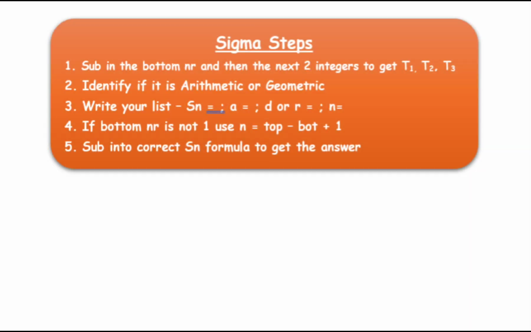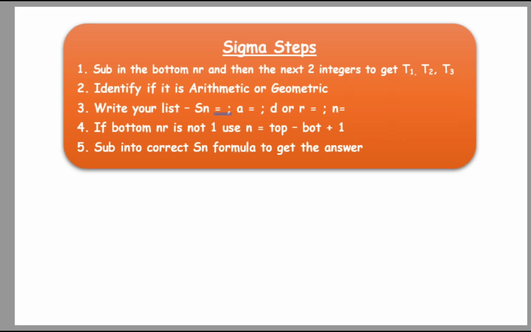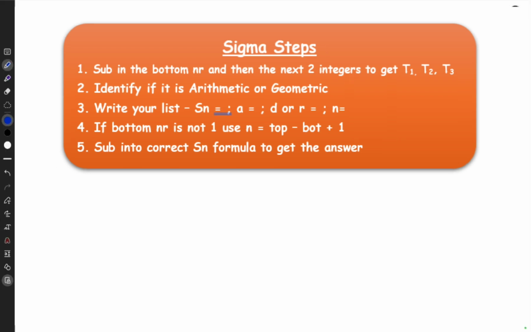Here are the steps you can follow with any sigma sum, and be sure to get it correct. I hope this made sense. We are going to do a few extra examples in a separate video so you can see how it looks exactly in exams. But don't get intimidated. This is actually free marks if you just know which formula to use.